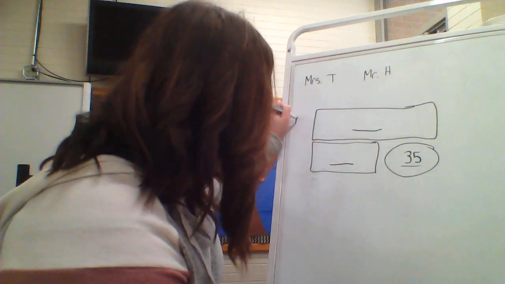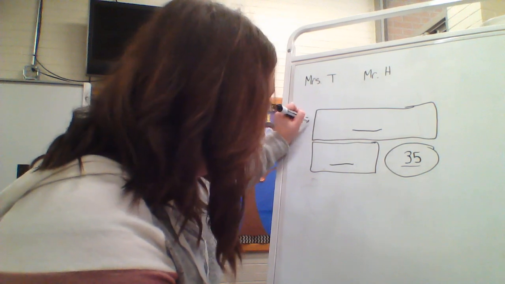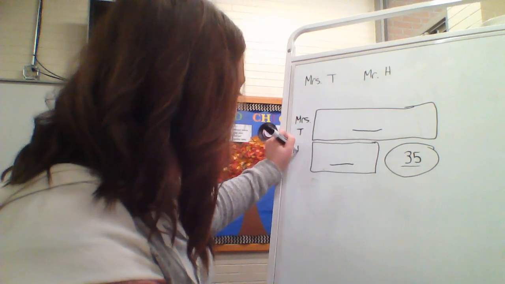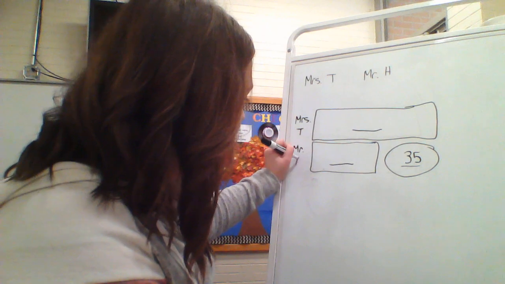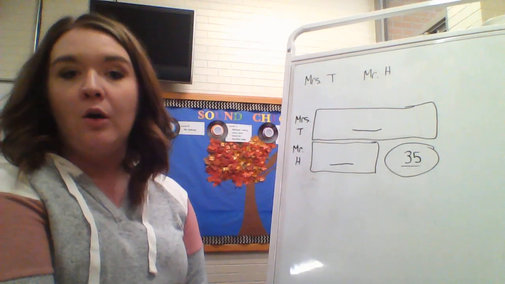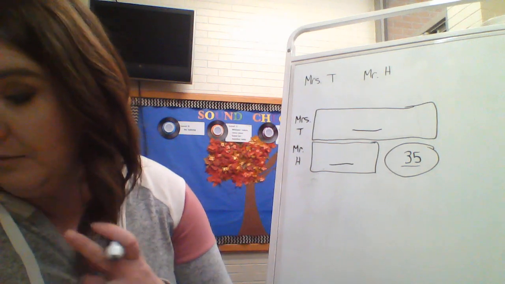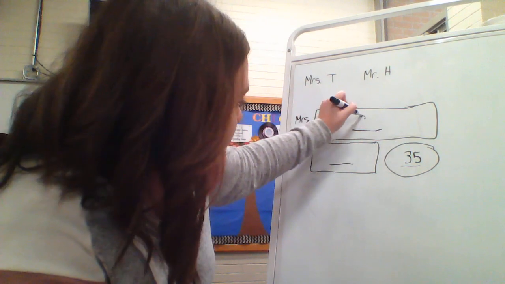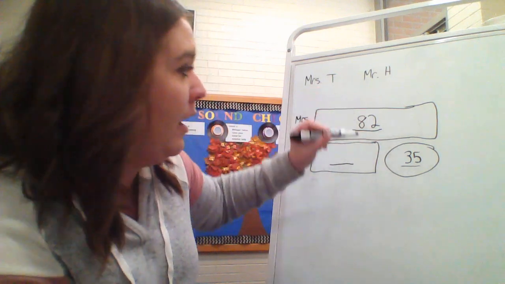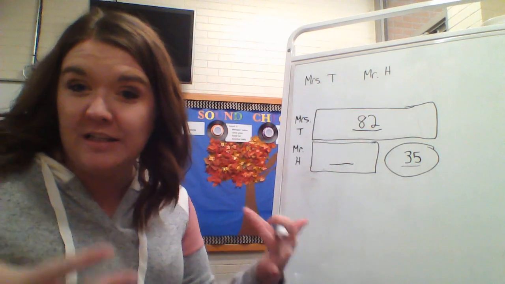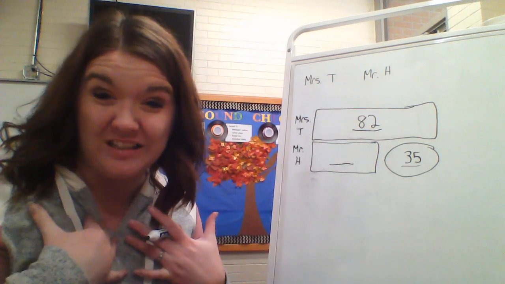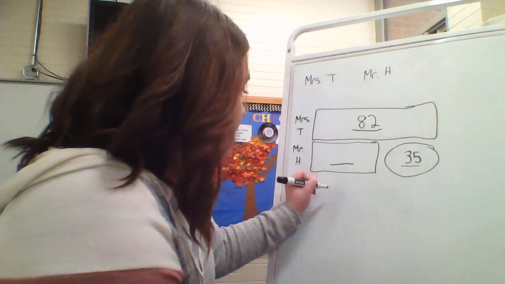Mrs. Tan. So Mrs. T goes on the top because she made more than Mr. Hero. I'm going to put the number that I know, 82, on my top. So I know my total and I know one addend, which means that the easiest way to write this problem is probably going to be a subtraction problem.